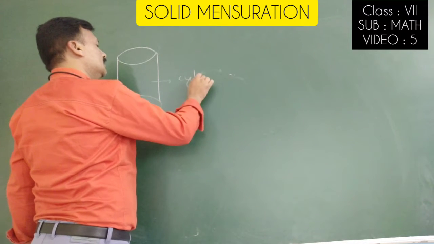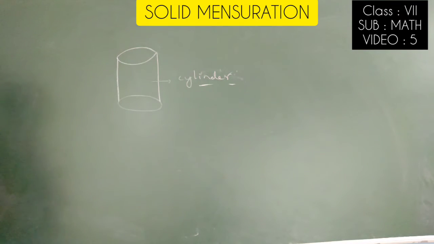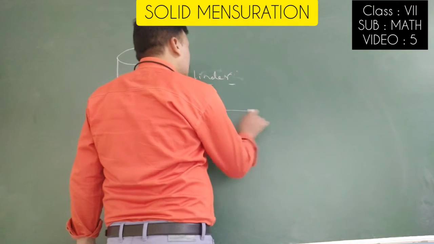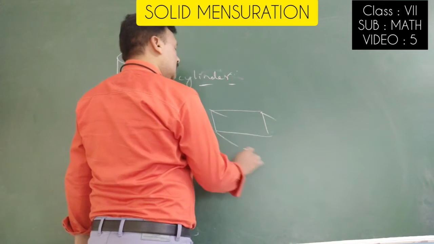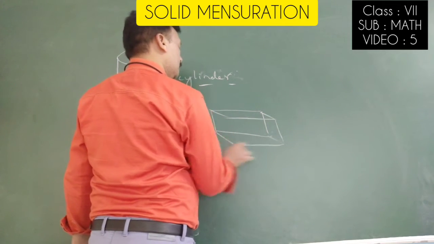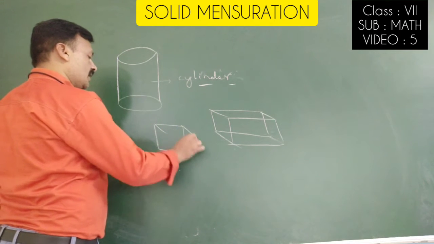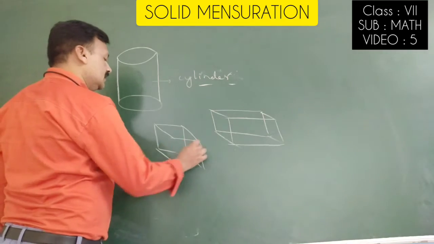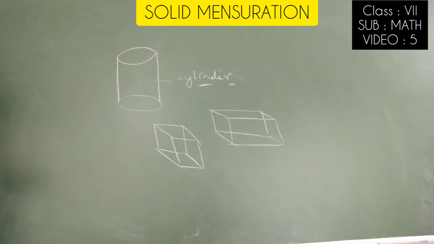This figure is called a cylinder. In the case of cuboid, we kept rectangles. In the case of cube, we took squares. But in the case of cylinder, we have to consider circles.